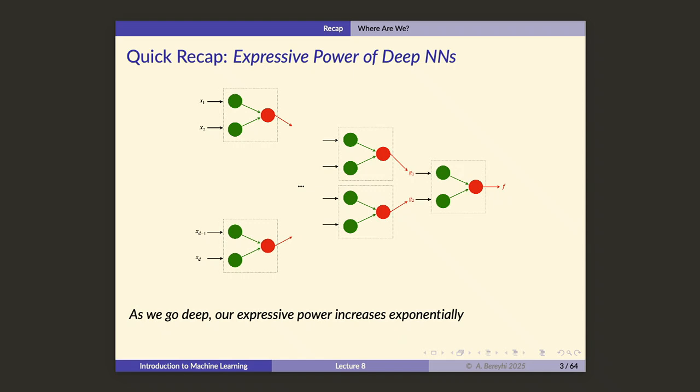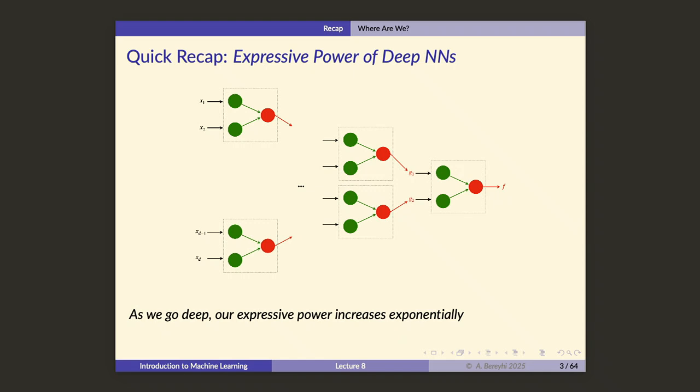If I make it deep enough, how can I drop the number of neurons that I need? Would it still be exponential? No. What would it be? How does it scale? Do you remember? Linear, right? We can make it as efficient as a linear increase in the number of neurons if we make it deep enough. So if you have enough layers, then you essentially need a linear number of neurons.